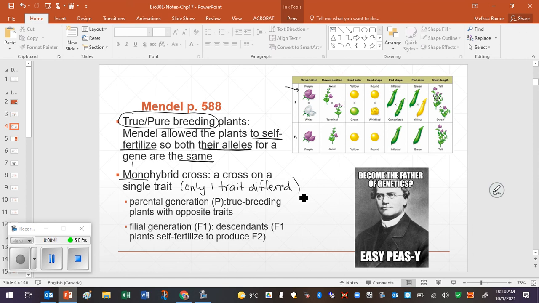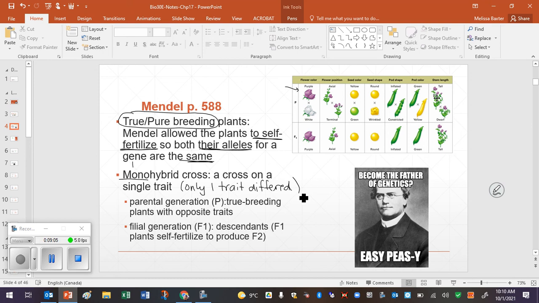And if he was trying to investigate flower color, he would make sure that all of the other traits were the same. And the other traits he studied were things like flower position, seed color, seed shape, pod shape for his pea plants. And he would make sure the only thing that was different was the color of the flower, so that he could be sure that that was the gene that he was studying.